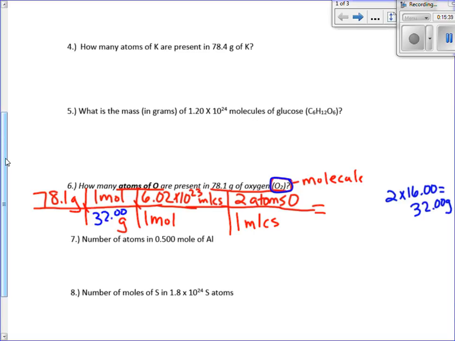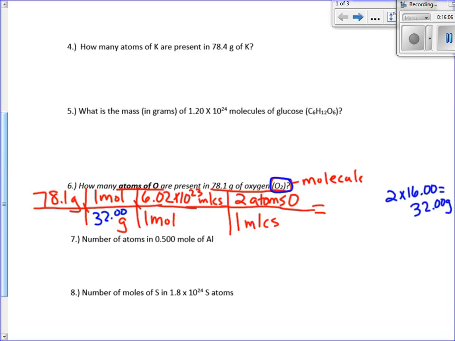Okay. So now you can multiply the top, divide by 32, and you can get the number of atoms in O2. Basically, you find the molecules and multiply it by 2. That's all you'd have to do with the added extra little step there. If you wanted to do that, like I said, this would be more like a bonus question. But I wanted to work it for you so that you had the answer over here.